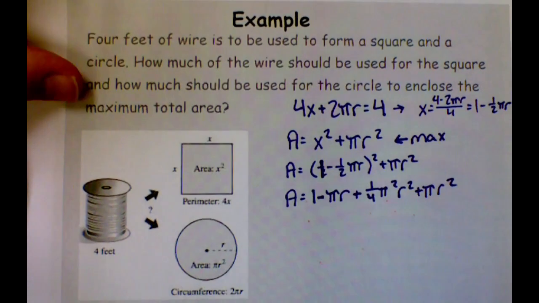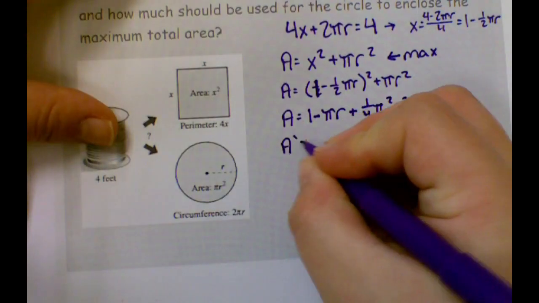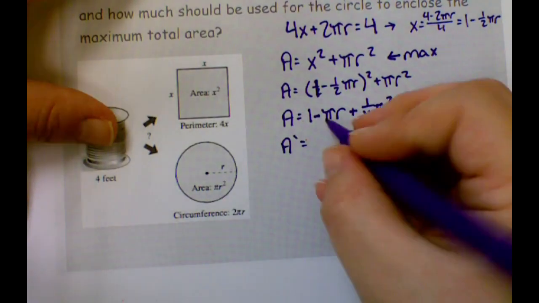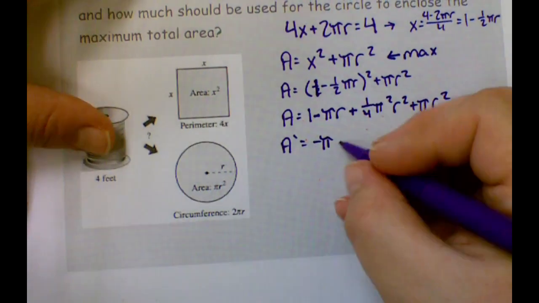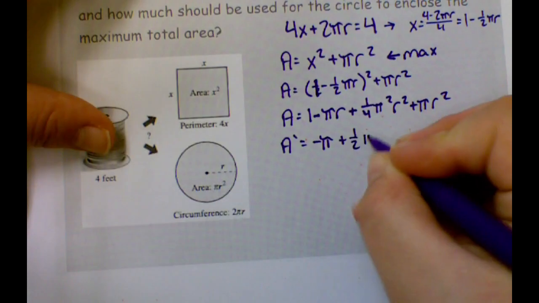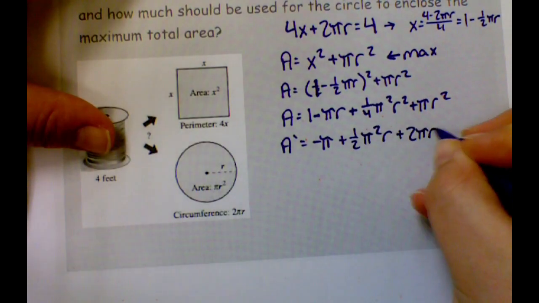Since this is what we're trying to maximize, we are going to now take the derivative. Well, derivative of 1 is 0. Derivative of pi r is just going to be minus pi. Derivative of this part is going to be 1/2 pi squared r. And here we'll get plus 2 pi r.